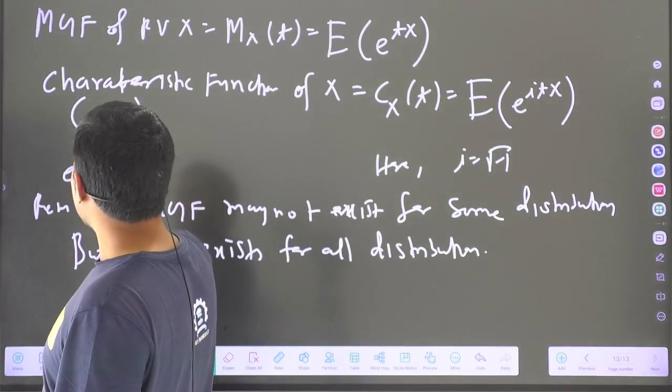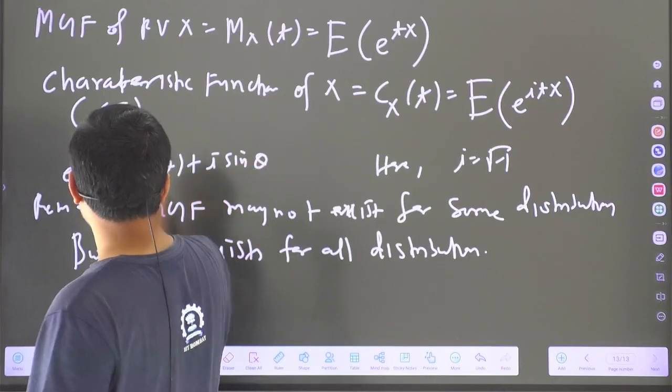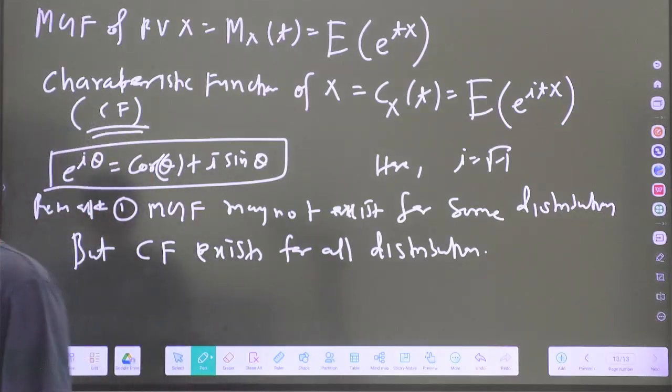e raised to power iota theta is cos theta plus iota sine theta.